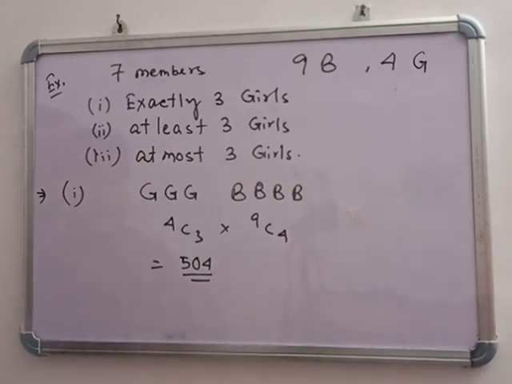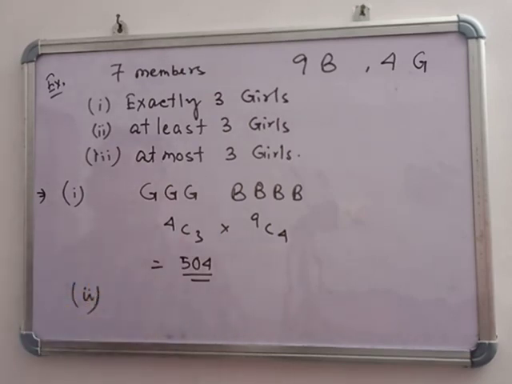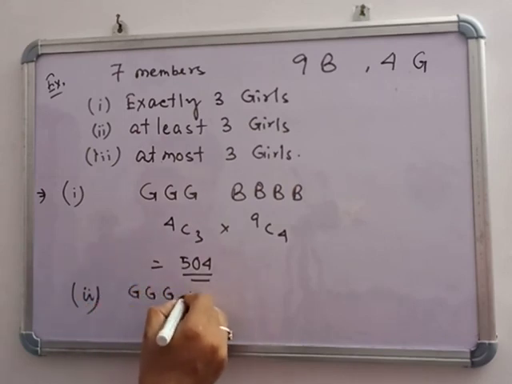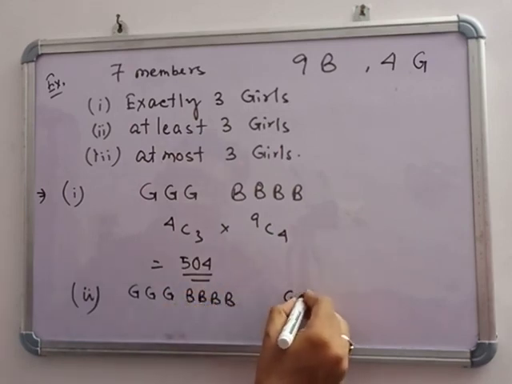Now, number 2. What is given? At least 3 girls. At least means 3 can be, or 4 can be. That means these combinations can be done. Otherwise, this combination can be done.